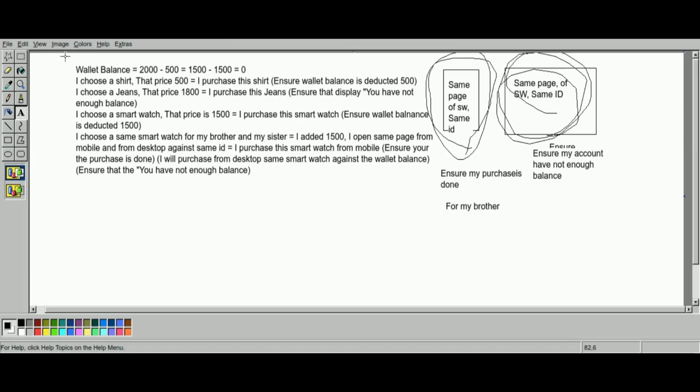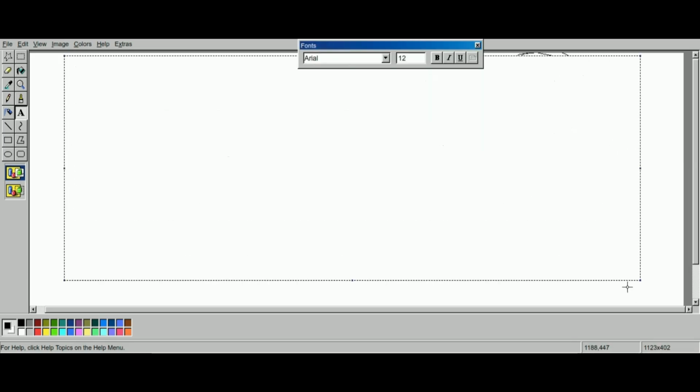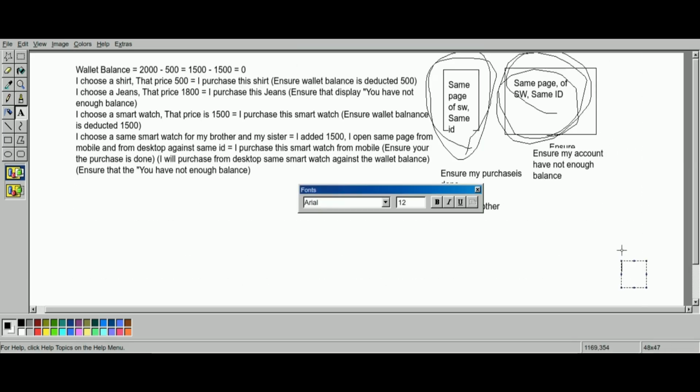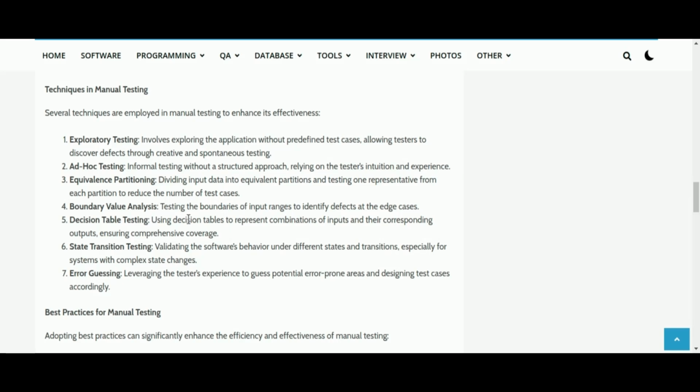Okay, and business logic. It is the business logic. So what are the two business logic techniques? Decision table testing and state transition testing.